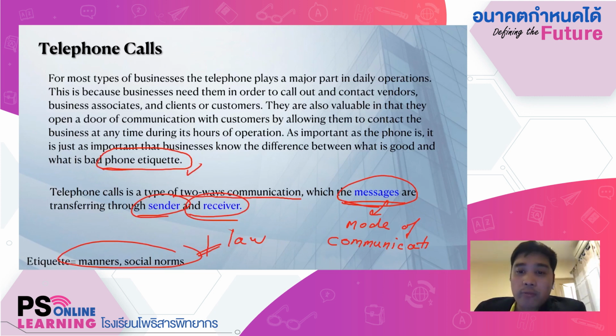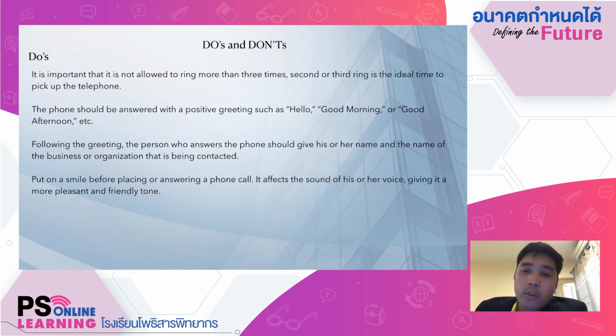This is the mode of communication. Okay. Next, first we're going to do something we call do's and don'ts in telephone calls. As I'm talking through these three to four slides, please pay attention to my examples. I will give examples one by one, okay?